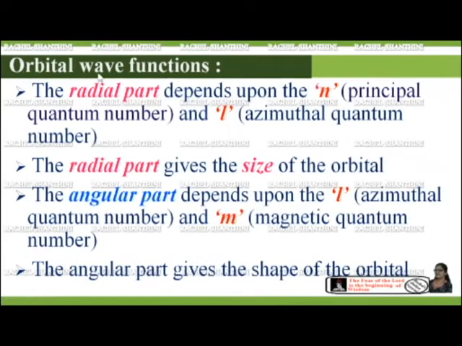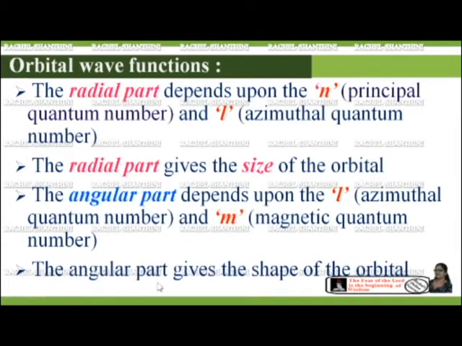As we know that orbital wave function is the product of radial part and angular part. The radial part depends upon the principal quantum number n and the azimuthal quantum number l. So the radial part gives the size of the orbital, but the angular part depends upon the azimuthal quantum number l and the magnetic quantum number m, which gives the orientation of the orbital.